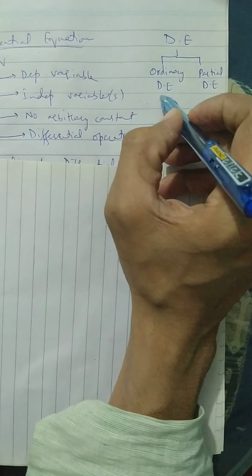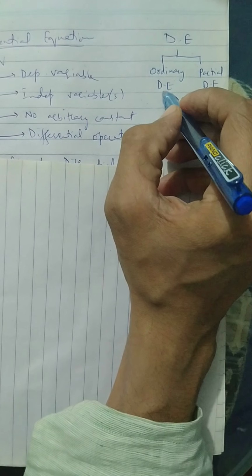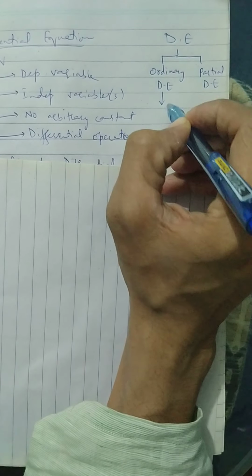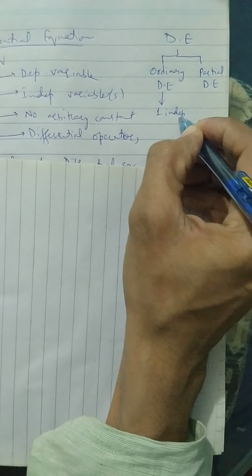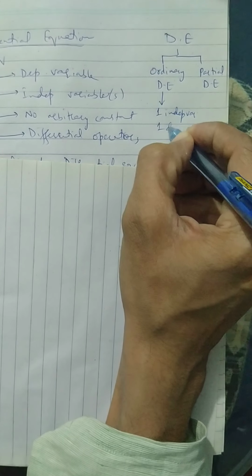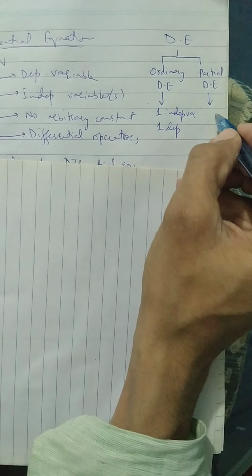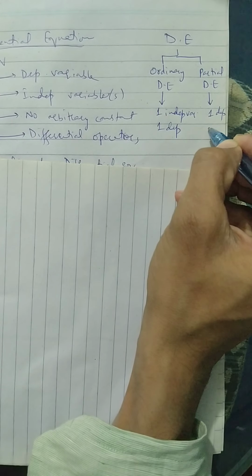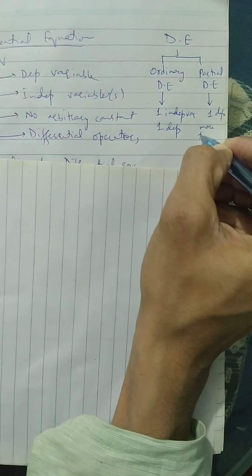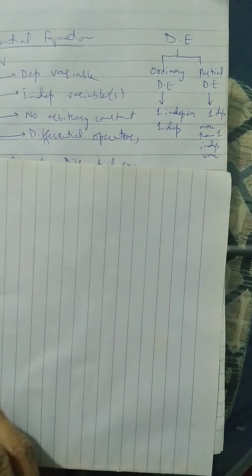In the ordinary differential equation, we have only one independent variable and one dependent variable. For the partial differential equation, we have the same criteria of one dependent variable, but we may have more than one independent variable. So these are the classifications of the differential equation.